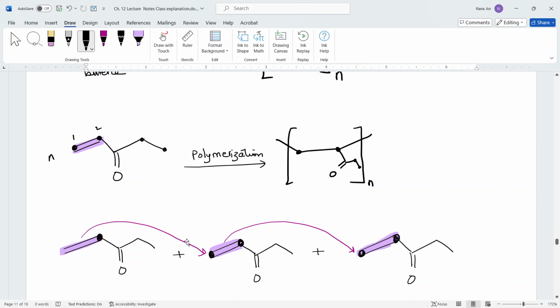You're forming bonds between the carbons of the alkenes in there, and the substituent on the alkene stays the same. So this is why when you want to represent that polymer, you want to make sure that the repeating unit is your alkene, and then any substituent on the alkene, make sure that you go ahead and you place it in there.